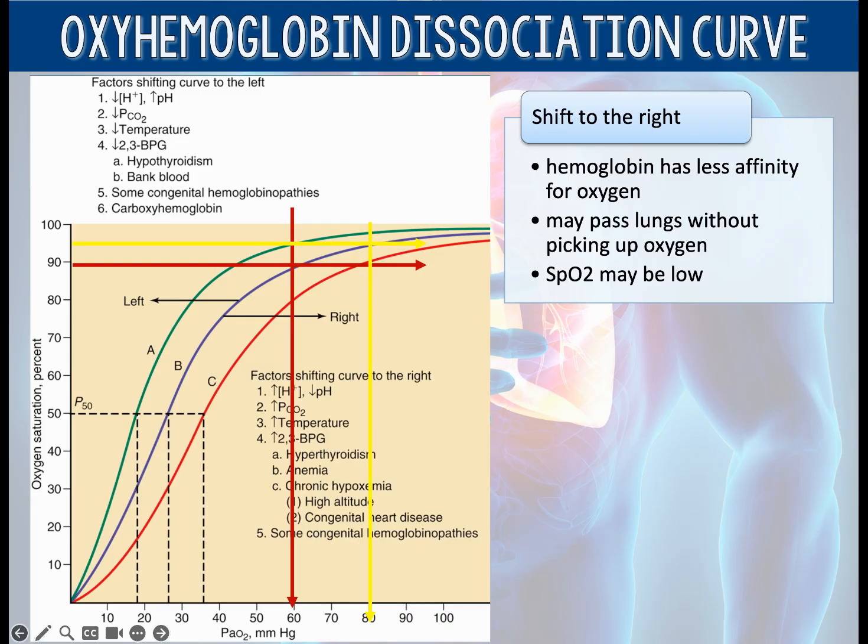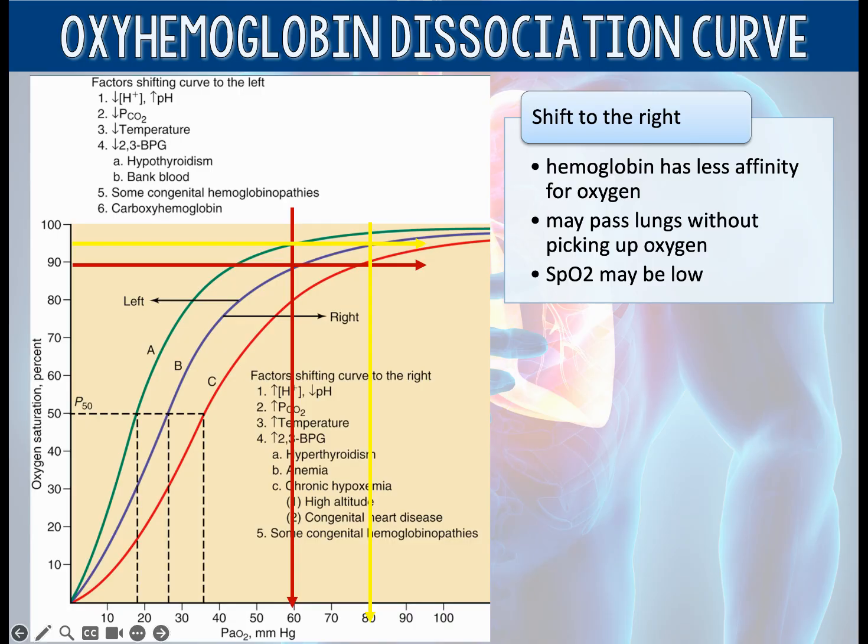Other things that cause a shift of the curve to the right are hyperthermia or high fever. And then there's a thing called 2,3-bisphosphoglycerate, 2,3-BPG. Sometimes you see it as DPG also. What is this exactly? It's an end product of RBC metabolism. It decreases hemoglobin's affinity or attraction to oxygen.